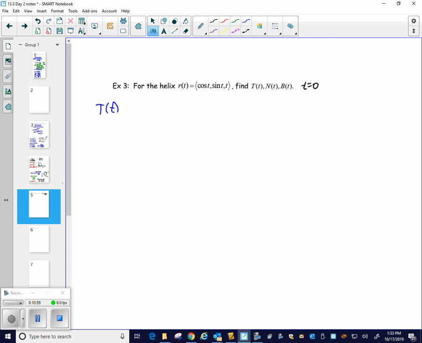The unit tangent vector is r'(t) divided by its magnitude. I'm making all kinds of mistakes. I'm trying to rush through this too fast. That's the problem. All right, so we need r'(t).